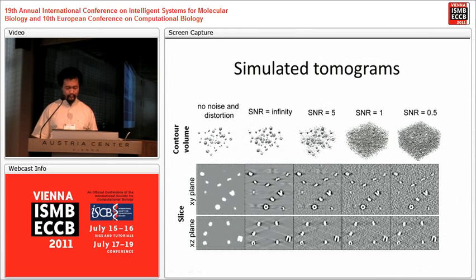So here are some examples of our simulated tomograms. For example, when the simulated tomogram is noise-free, you can observe the missing wedge effect and also the contrast transfer function effect that largely enhances the contrast between the boundaries of the macromolecules, and the large amount of noise plus other distortions make such an identification a hard problem.